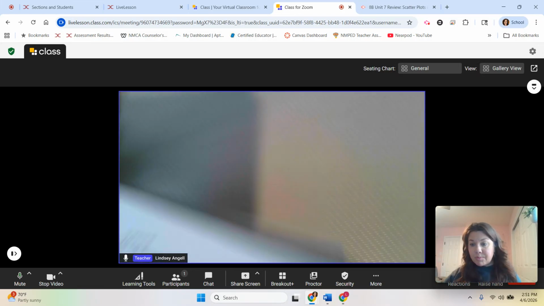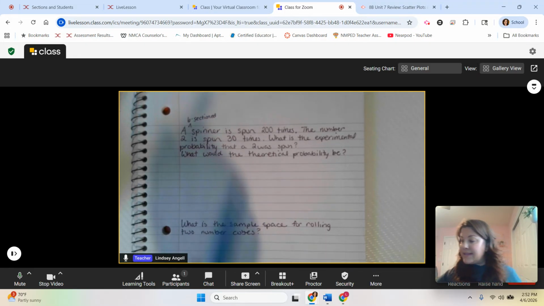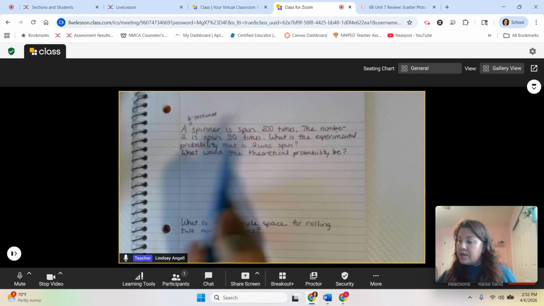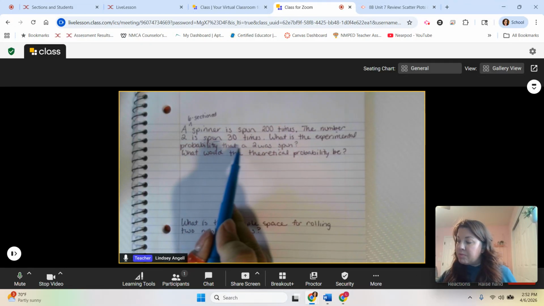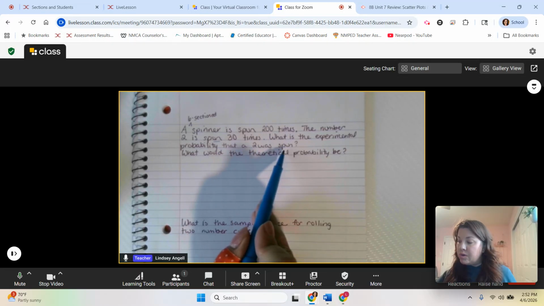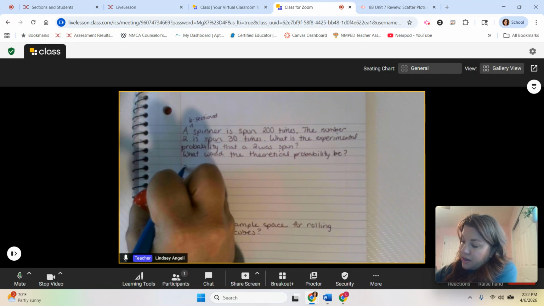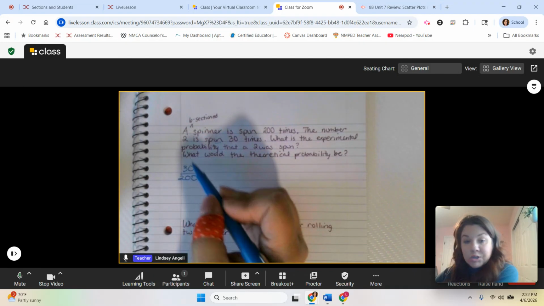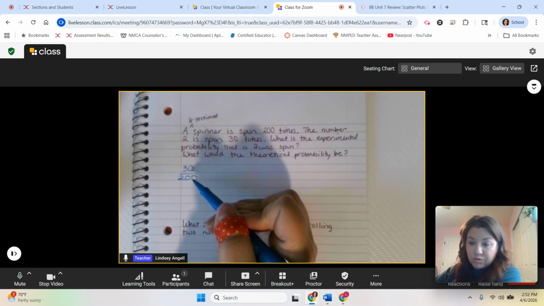I have two more problems for you. For this one, a 6-sectioned spinner is spun 200 times. The number 2 is spun 30 times. What is the experimental probability that a 2 was spun? That's 30 out of 200. These are the actual results: how many times we got a 2 out of how many times we tried.